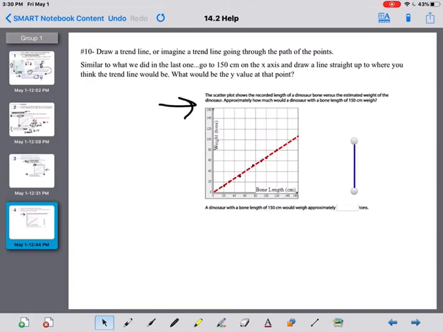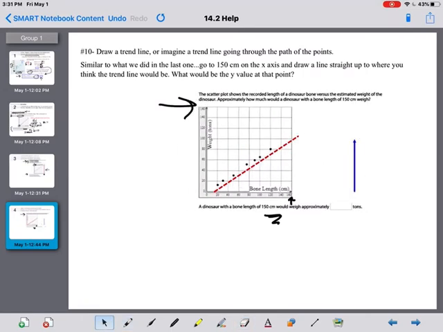So if I imagine a trend line in there and then do the same thing that I just did with the last problem, they're asking us to figure out the number of tons for 150 centimeters. So if I go to 150 centimeters on my X-axis, which is approximately right here, and I do the same thing I did before. I'm trying to get used to my new iPad here.